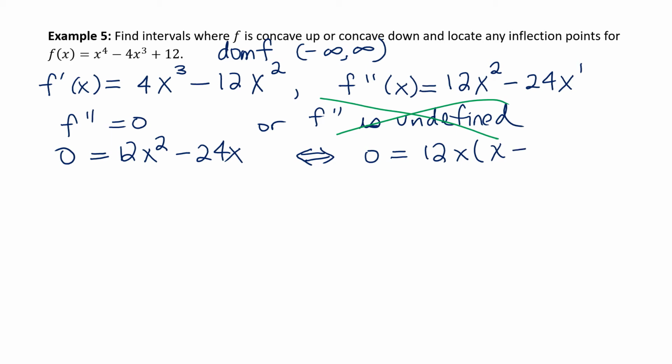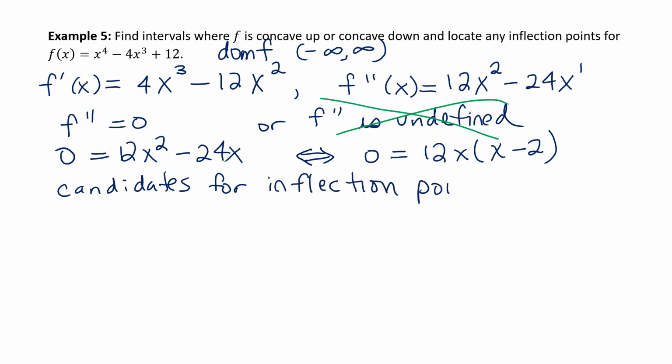Factor out 12x from 24x, and we've got 2 left. So we've got 2 what I call candidates for inflection points. Those candidates are x equals 0 and x equals 2.